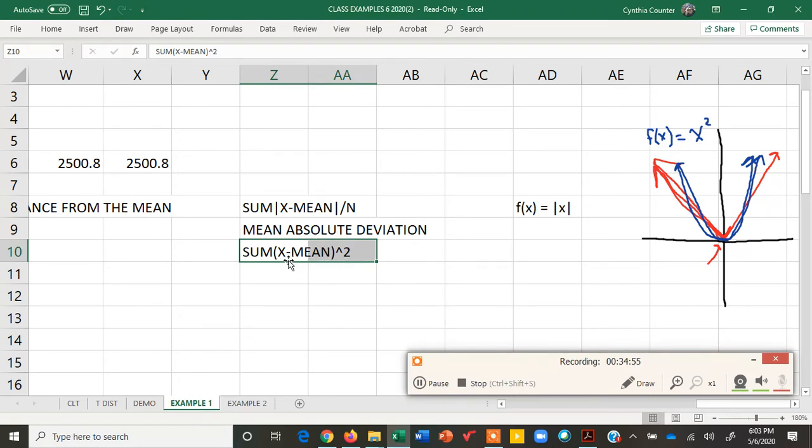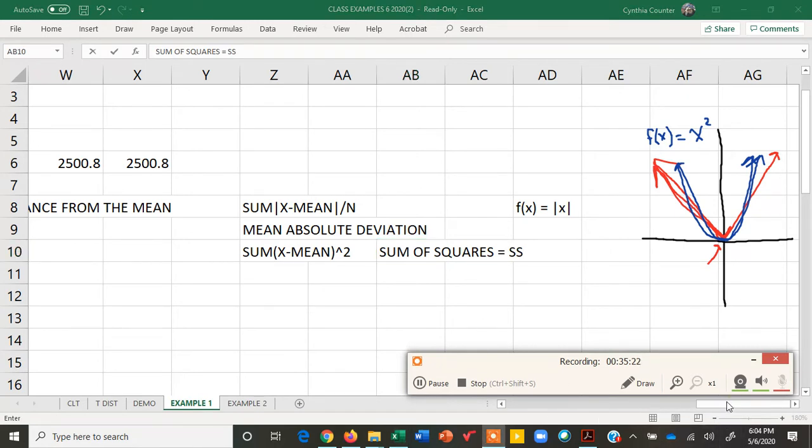Now, since it's always positive, I could also say an average of the squared distances from the mean. So this here is the first thing you would need to compute, the sum of the squared differences. This is referred to as a sum of squares, or SS.